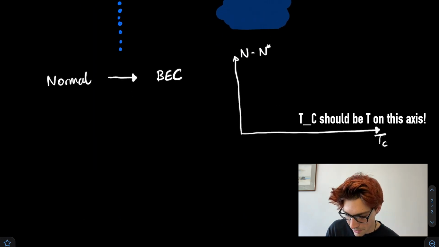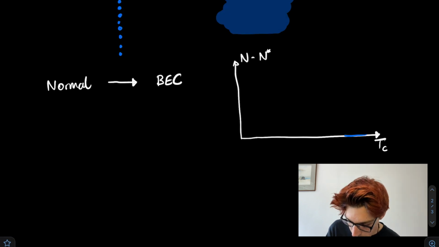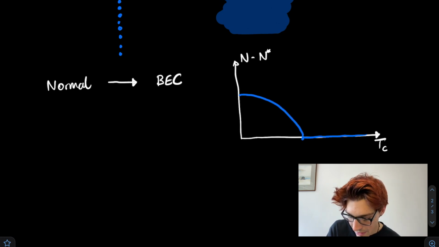So if we plot that, as we cool the temperature, we have nothing for ages and ages, and then suddenly at this critical temperature, we get this jump where you start getting particles in the condensate right here.